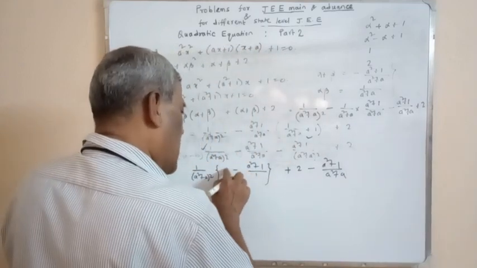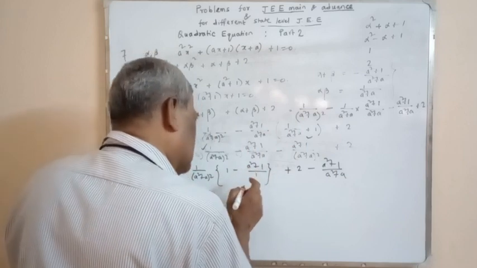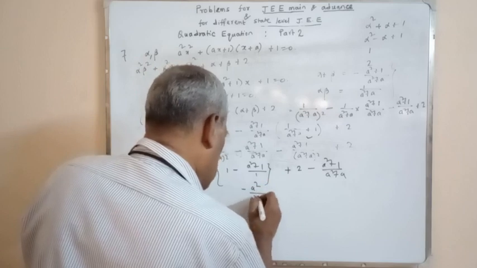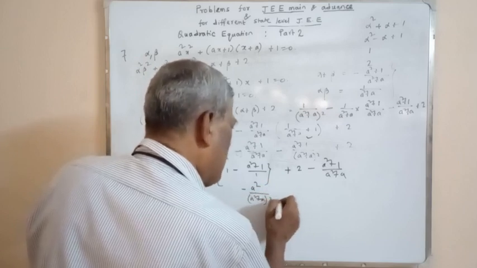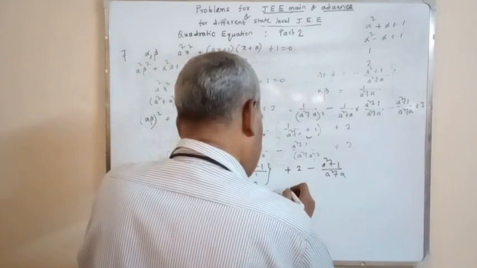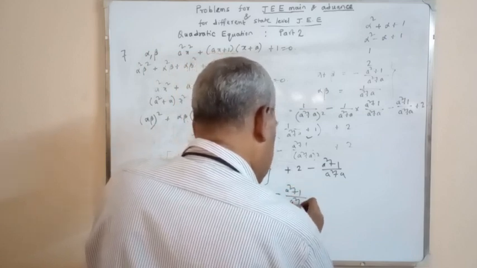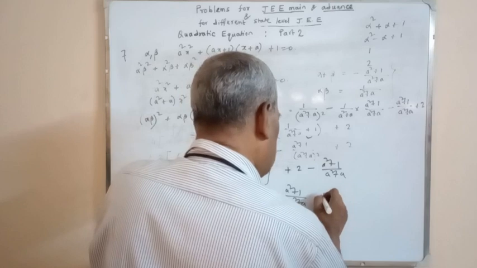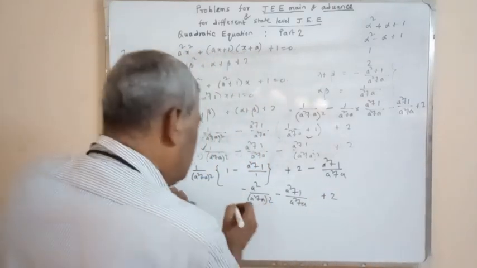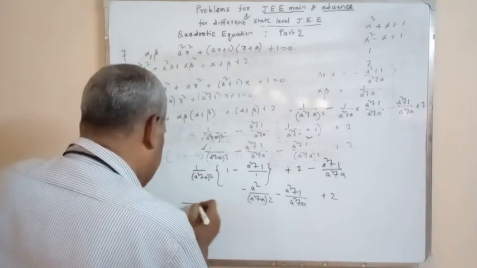They together is 1. So 1 minus 1 cancels. So minus a square by (a square plus a) whole square, minus (a square plus 1) by (a square plus a), plus 2. So that it is equal to, taking this and that together.